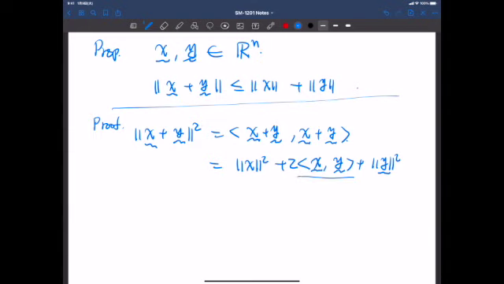And for this part, this is less than or equal to the modulus of this scalar product.